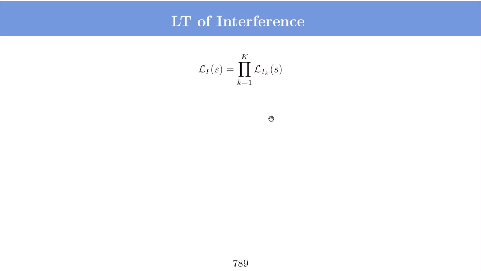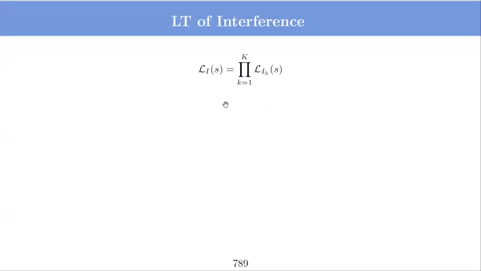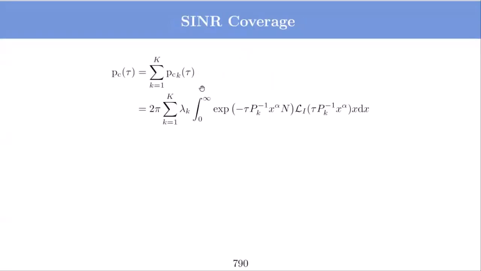So the Laplace transform of I would be given by the product of the Laplace transforms of the individual interferences. And the individual interference Laplace transforms we know how to compute. So you just take the product of those, and you will get the complete Laplace transform. And if I put it there, remember the coverage probability is a summation over the coverage probabilities of all tiers, so there will be a summation here. This is the coverage expression you will get for the HetNet.